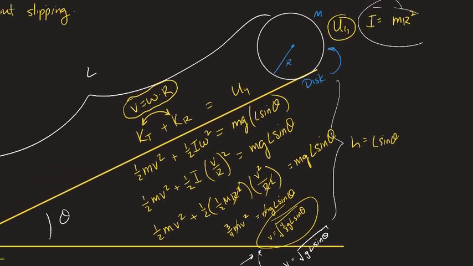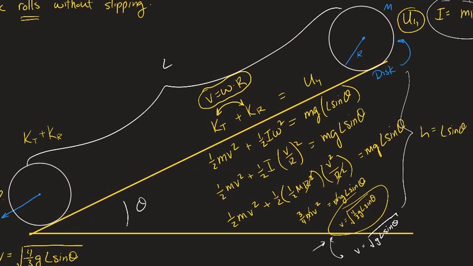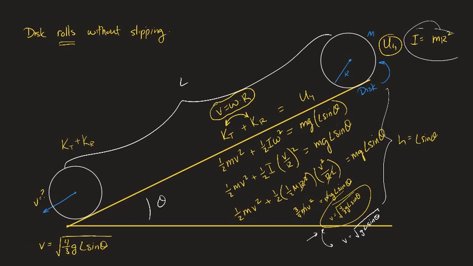If you really want to make the comparison, you should also compare it to what happens if it doesn't roll and slides without friction. This is where the details become important.